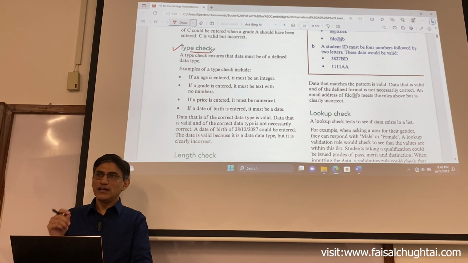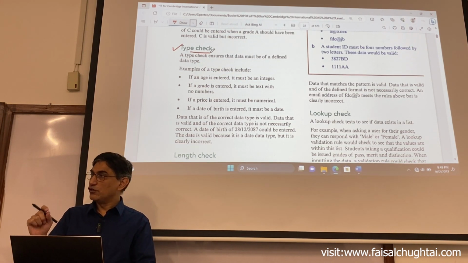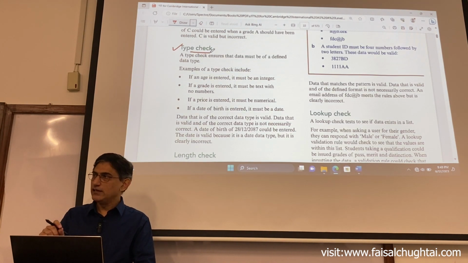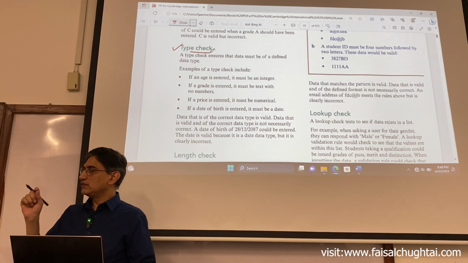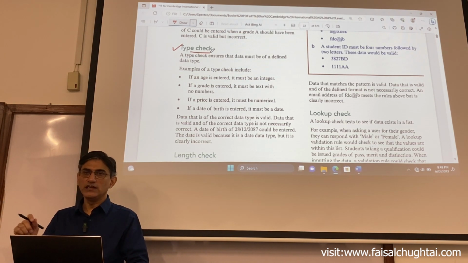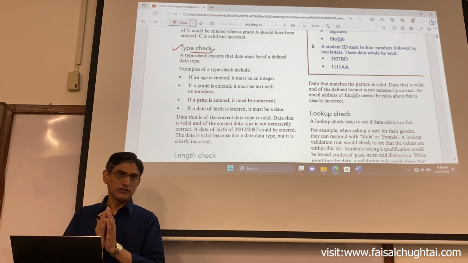Well, if you can only enter numbers or numeric data in a field, then you must not be allowed to enter alphabets or special characters. If a field is set to accept only alphabets or maybe special characters, then any number that is entered should not be accepted. So it is actually checking the type of data which is being entered.